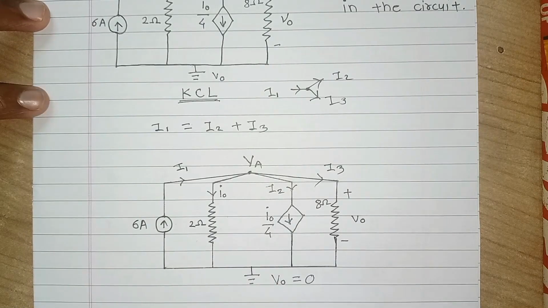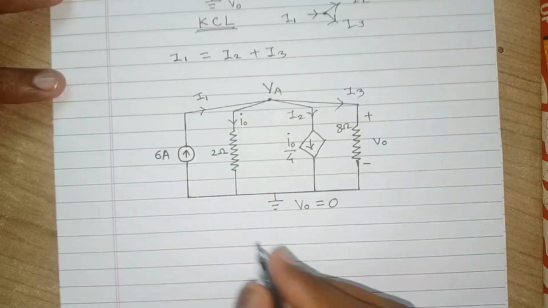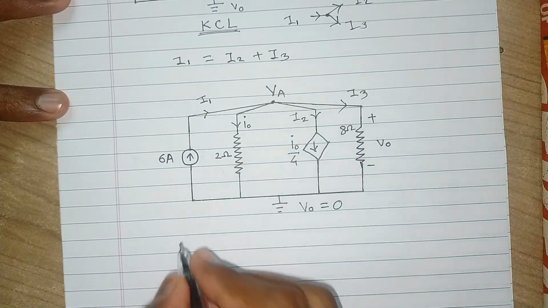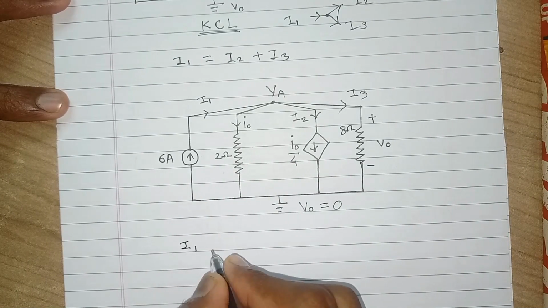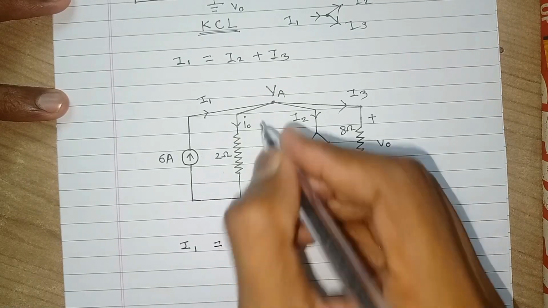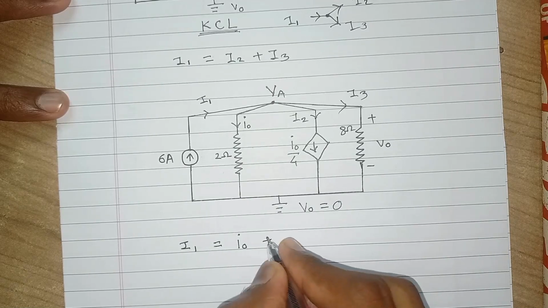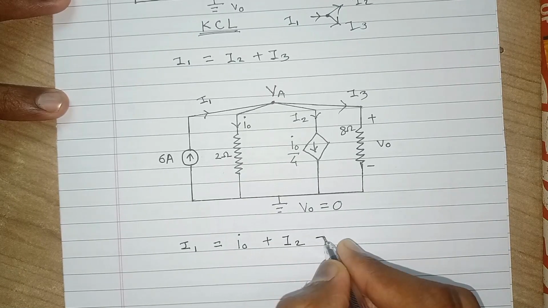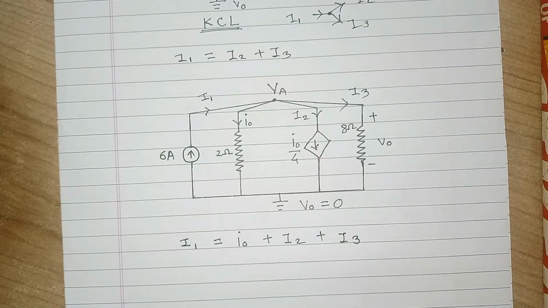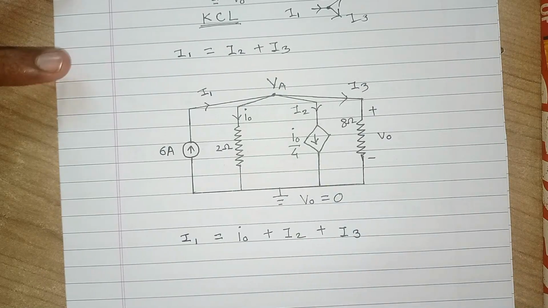Applying Kirchhoff's current law, this is the incoming current towards this node, that is I1. There is no other incoming current, so it will be equal to I0 outgoing current plus I2 plus I3. So this is Kirchhoff's current law applied.